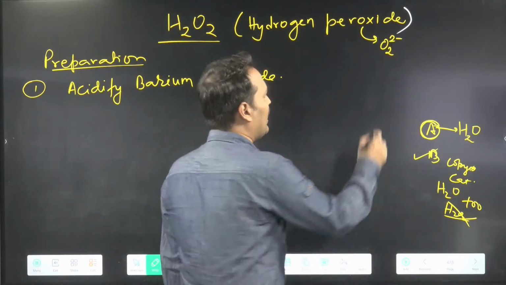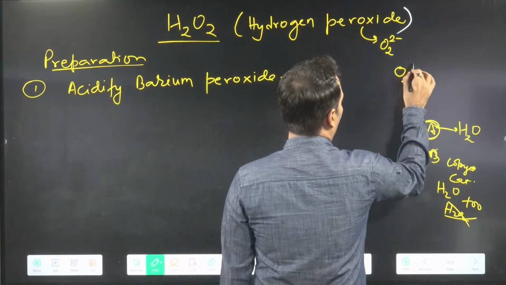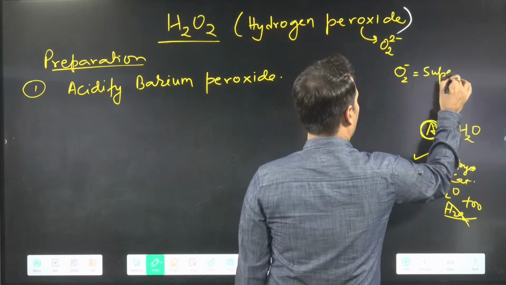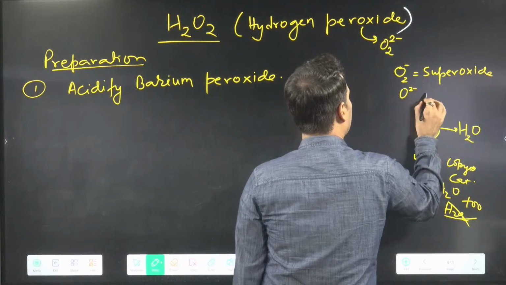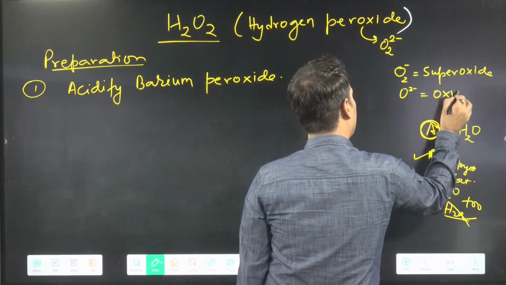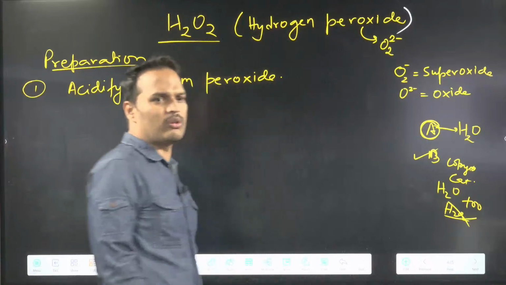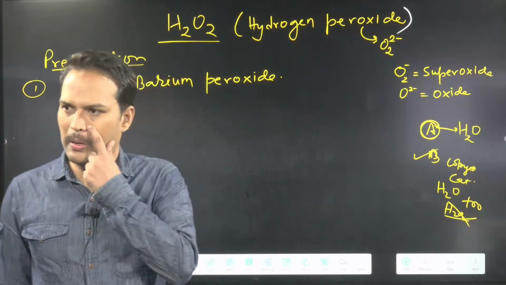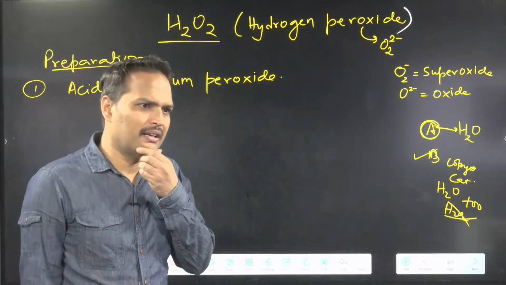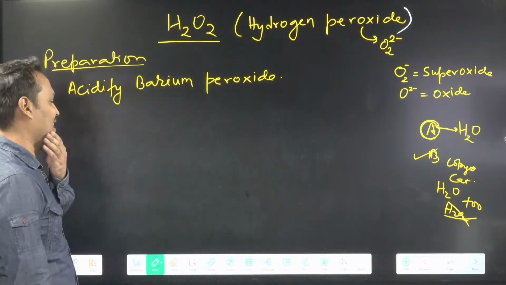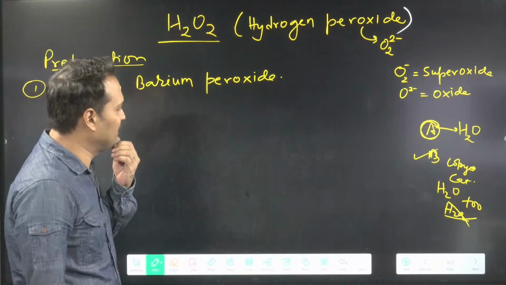Keep this in mind. If O2 minus is there, this is superoxide. If O2 minus is there, then this is simply oxide. This will help you. So chemistry knowledge is very important.